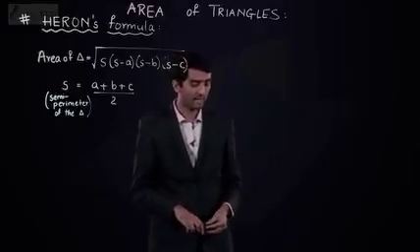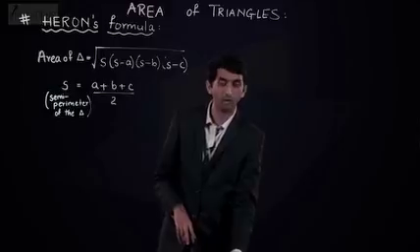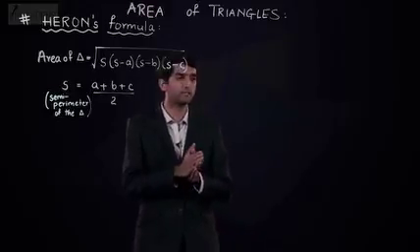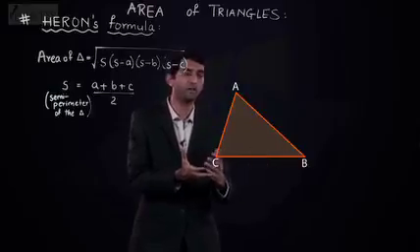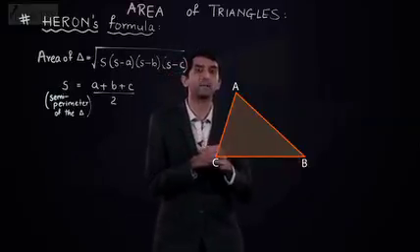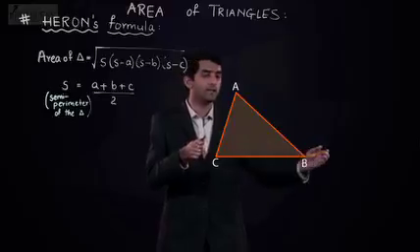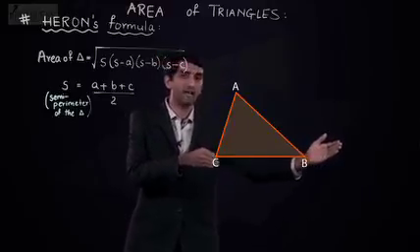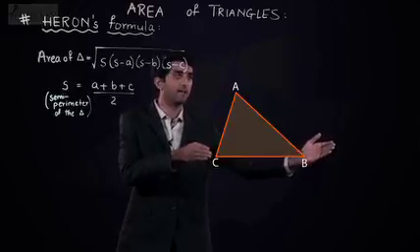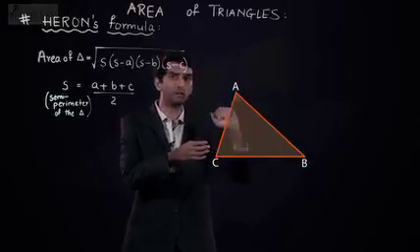Now let's try and see for a general triangle. Let's say here is a triangle ABC, right? The base is BC. Now if I fix this particular base BC, as you can see, we have fixed this particular base and we have the point A over here.